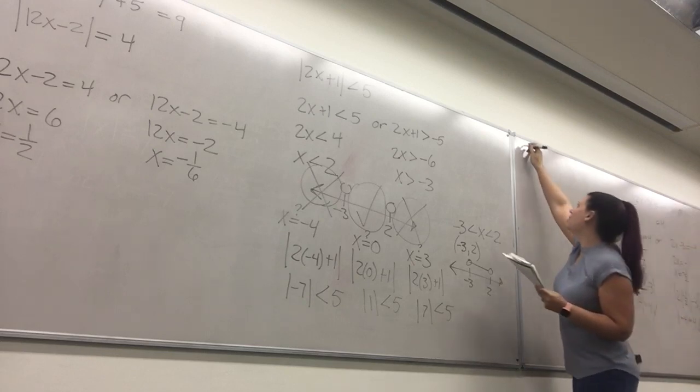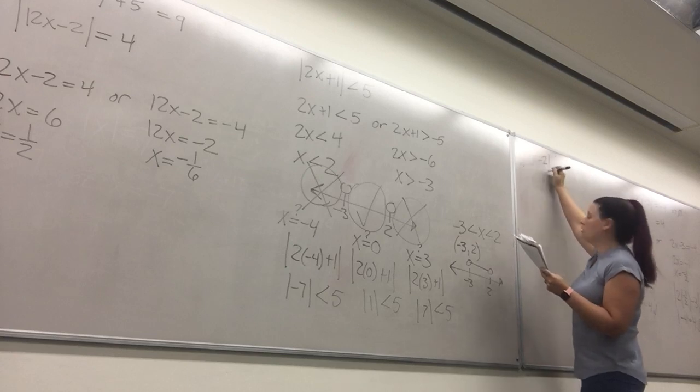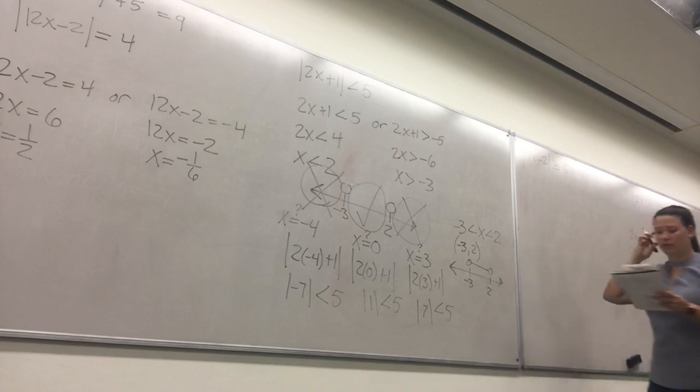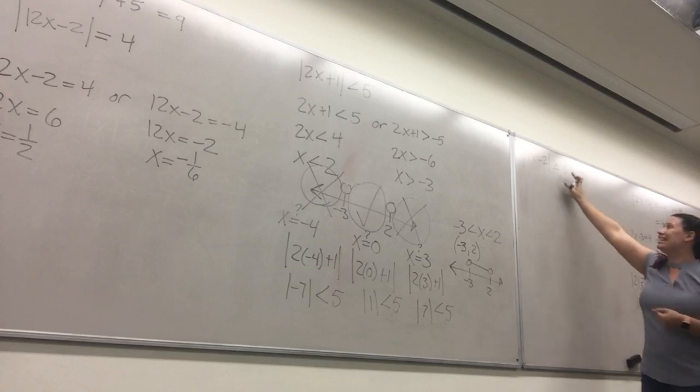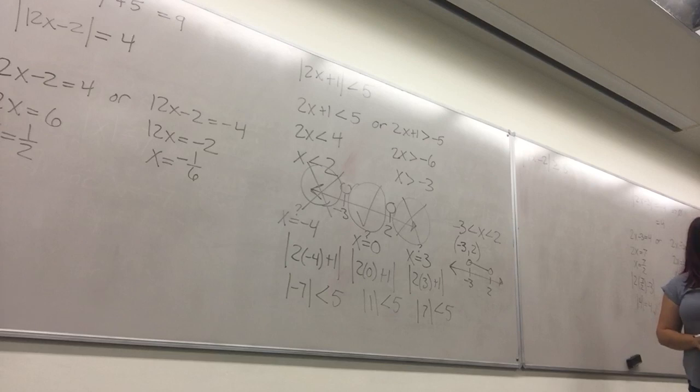So we have the absolute value of 7x minus 2 is greater than or equal to 8. Okay, again, let's not worry about what it looks like exactly, other than, is this part possible? Can an absolute value be greater than or equal to a positive number? Sure, of course.